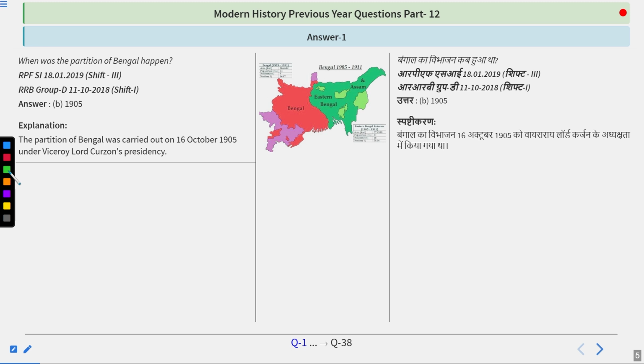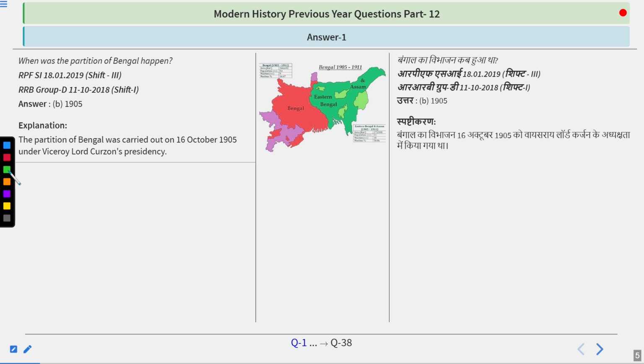His viceroyship made a very big impact on the relations of Hindus and Muslims in Bengal. The partition was justified on the grounds that Bengal was too big a state to control, but the real intent was to implement a divide and rule policy in the state.